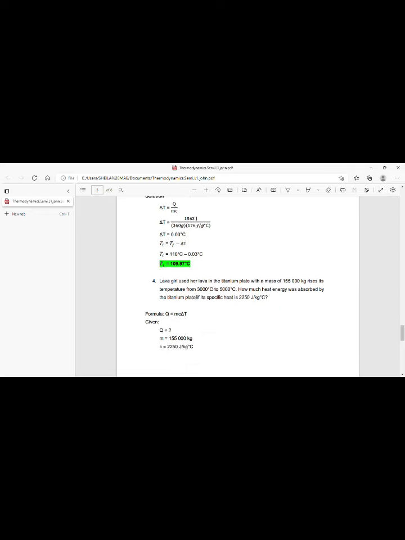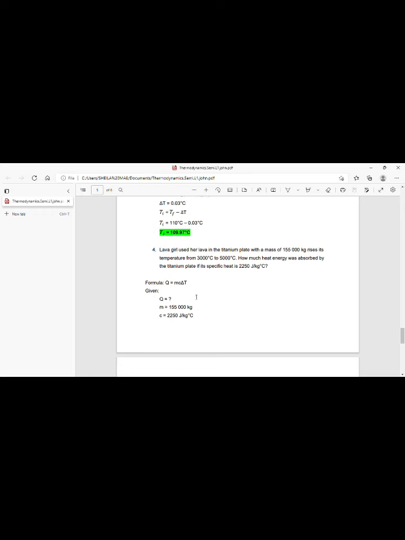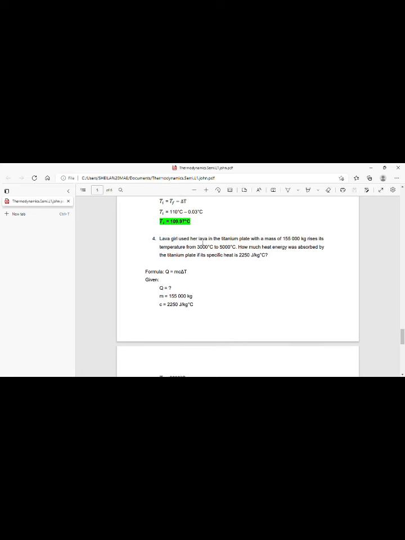Now we'll proceed to problem number 4. Lava girl used her lava on a titanium plate with a mass of 155,000 kg. It rises its temperature from 3,000 degrees Celsius to 5,000 degrees Celsius.